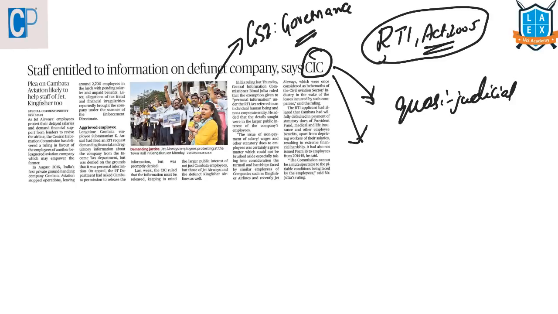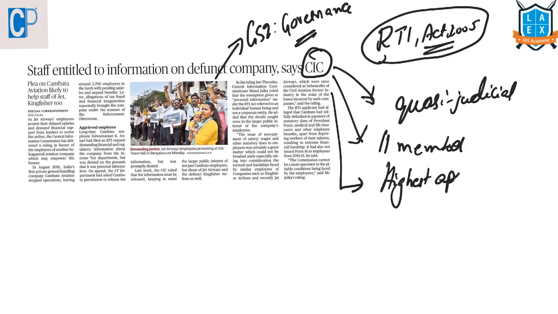It is an 11-member commission and it is the highest appeal body. This has to be remembered. This is the highest appeal body for the applicants who are seeking information under the Right to Information Act.